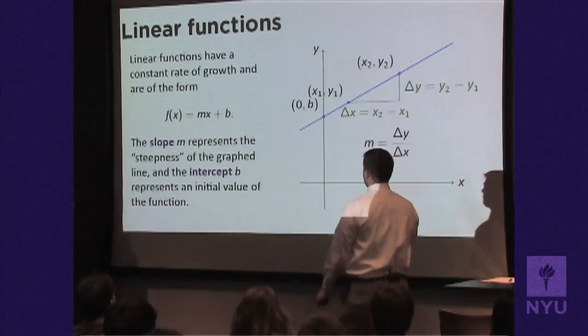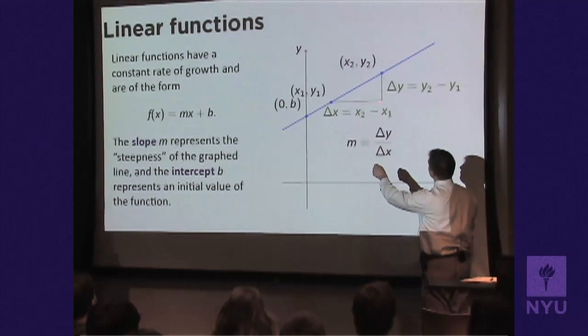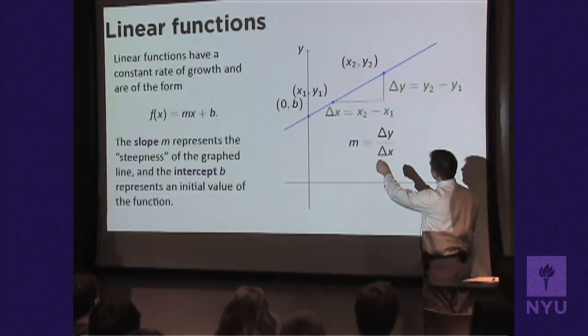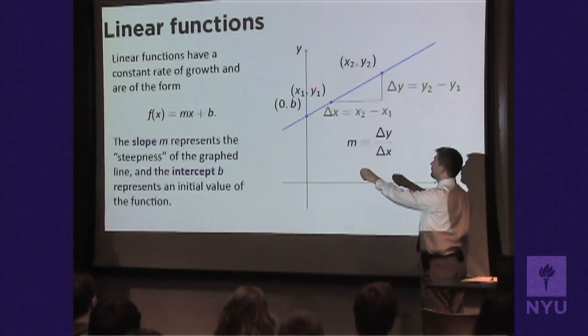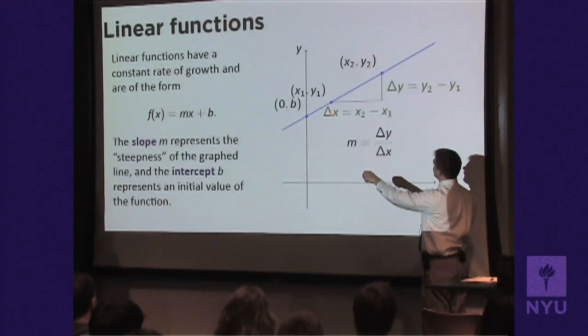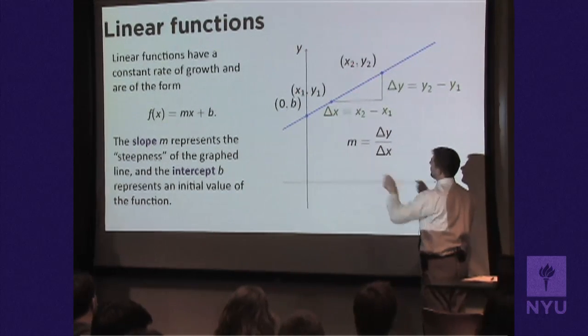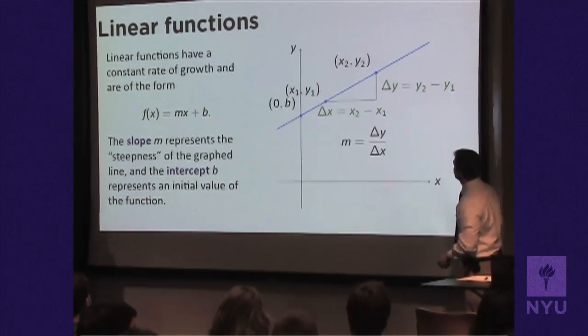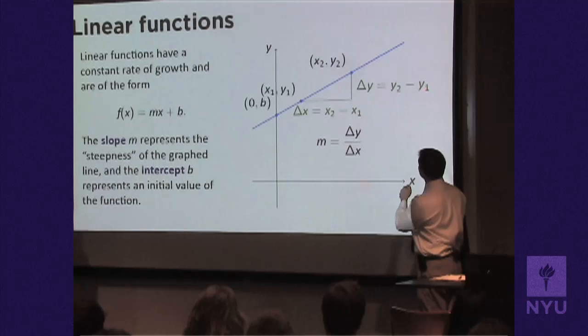Okay? If you needed to compute the slope of the line and you knew 2 points on the line, you can measure the change in the y values, the difference between the y-coordinate of one point and the y-coordinate of the other point, and divide that by the change in the x values, the x-coordinate of one point and the x-coordinate of the other. Okay? Delta is this Greek letter we use a lot for difference. So delta y is the difference in y's.